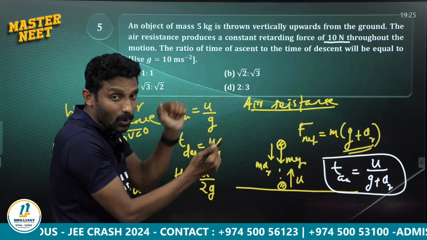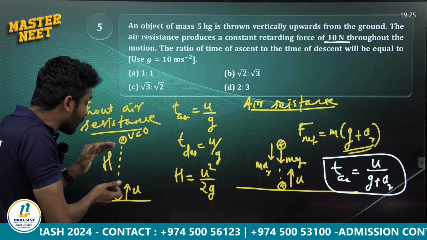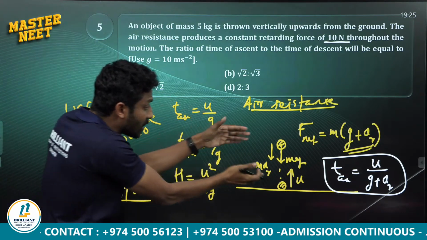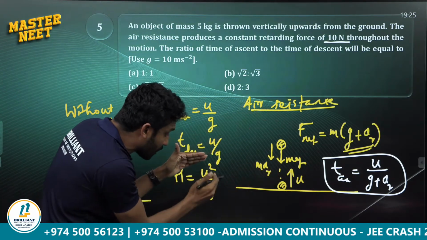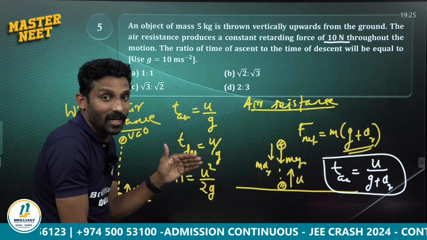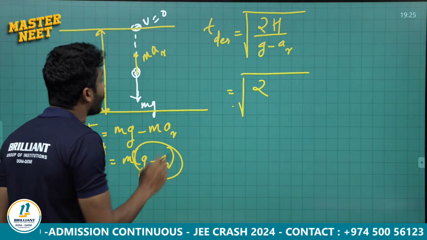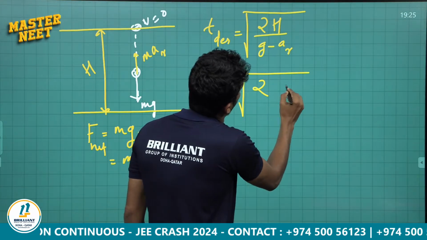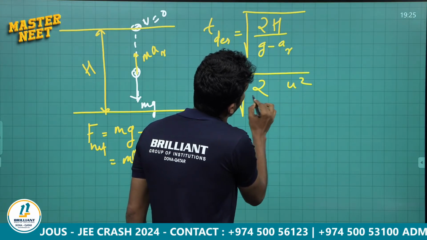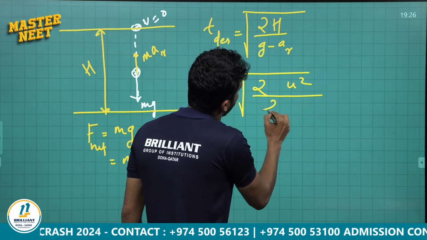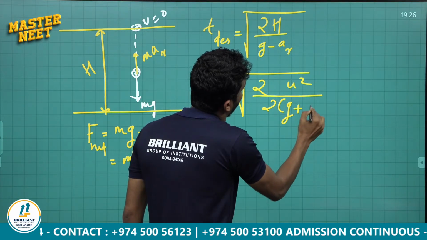Now h is reduced. Without air resistance h is greater, and if there is air resistance, h is reduced, and here it comes 2 into g plus ar. That is the maximum height in the case of air resistance: h is equal to u square divided by twice of g plus ar.